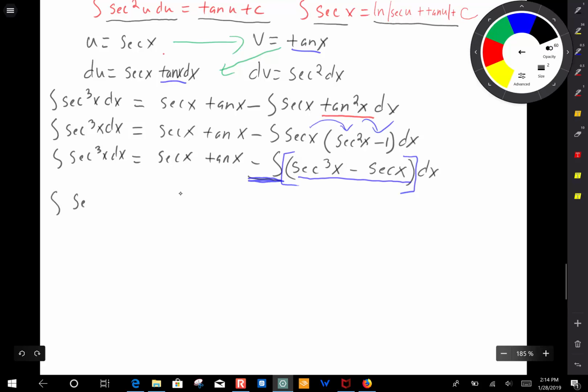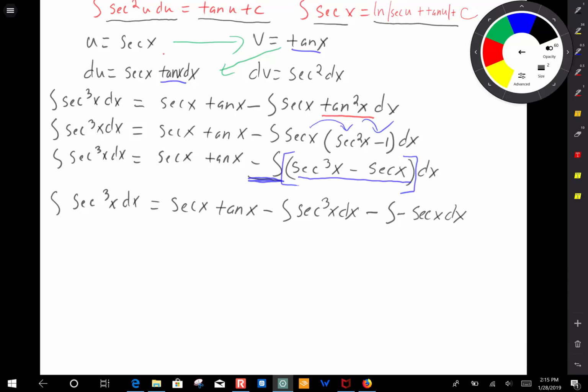Okay, so here I go. The integral of secant cube x dx is equal to secant x tangent x minus the integral of secant cube x dx, minus the integral of negative secant x dx, okay? So that's how you rewrite that. Well, these two negatives here are going to make a positive, right?